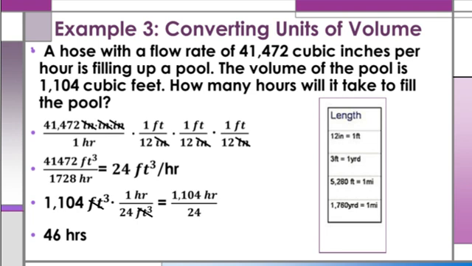And so you can see them converting from cubic inches to cubic feet, defining the unit ratio, and then they're looking at the volume of the pool and using that unit ratio to see how long that would take to fill up 1,104 cubic feet.